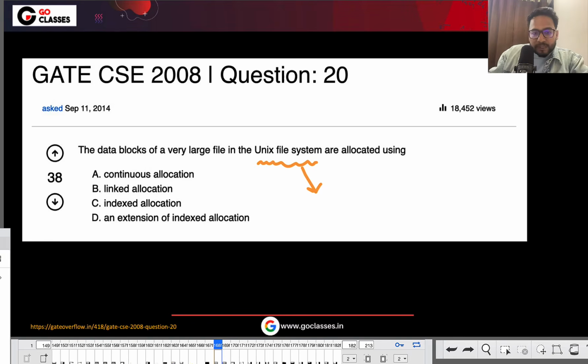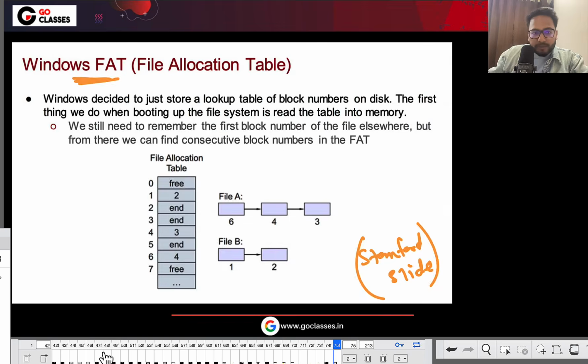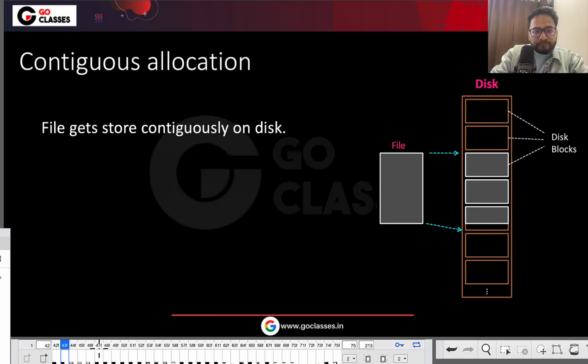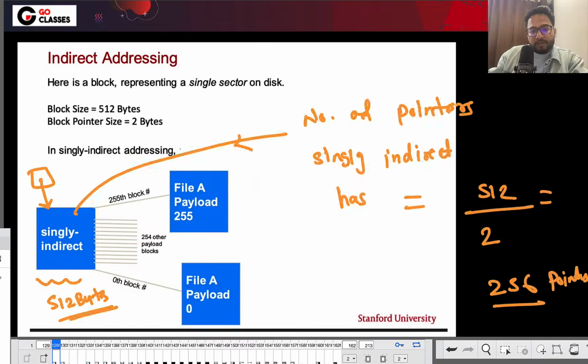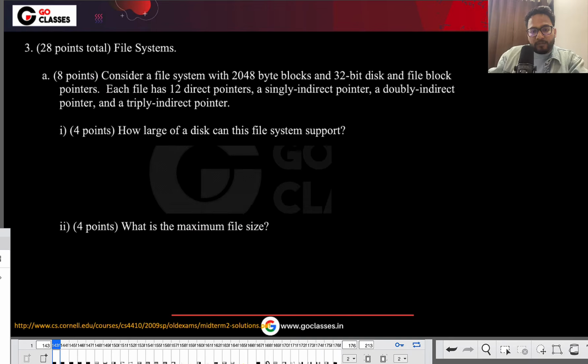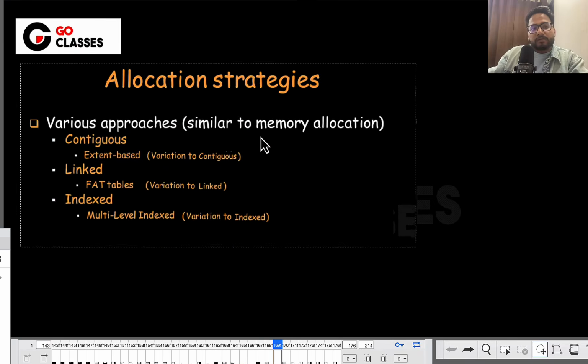I have already told this in the previous lecture, but let me revise immediately: there are three major allocation strategies, but each has one variation. Index is one thing, and multi-level indexing is another thing, which is an extension of indexing.